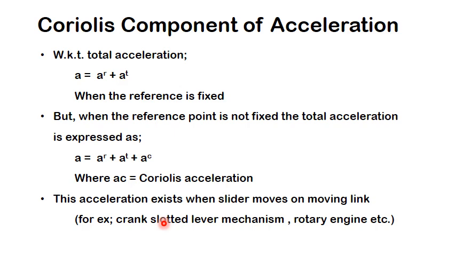So in such types of mechanisms, Coriolis component of acceleration acts. So please remember that this Coriolis component of acceleration acts only when the link on which the slider is moving also is not fixed. I mean that link itself is also moving with certain velocity.